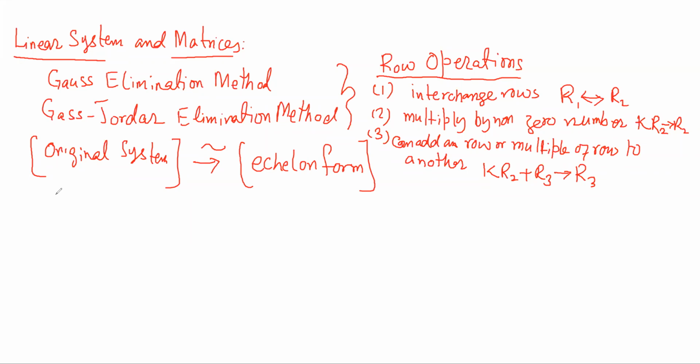In echelon form, you have a system something like this. You will have a leading term, and then there are some other terms in the equation. If you arrange the coefficients of the original system in rows and columns, in the first row you will have a leading term, which will be a non-zero number.